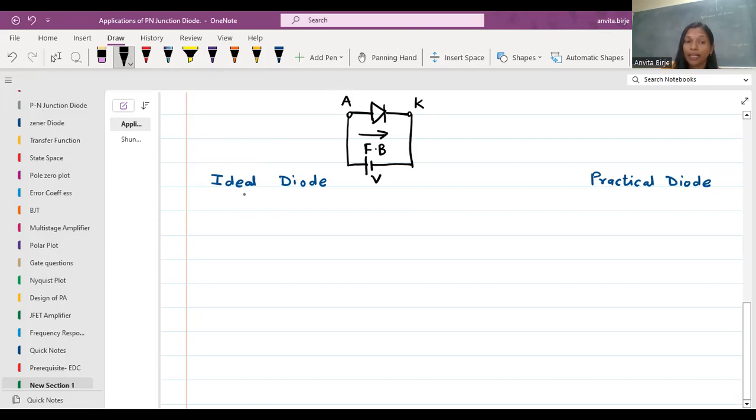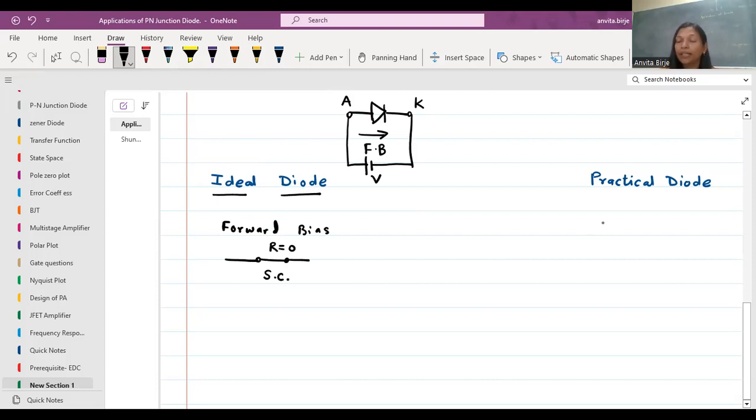So in the ideal case, that is an ideal diode, we assume that when the diode is in forward bias, it acts as a closed switch. So the resistance offered by this diode is 0. It acts as a short circuit.